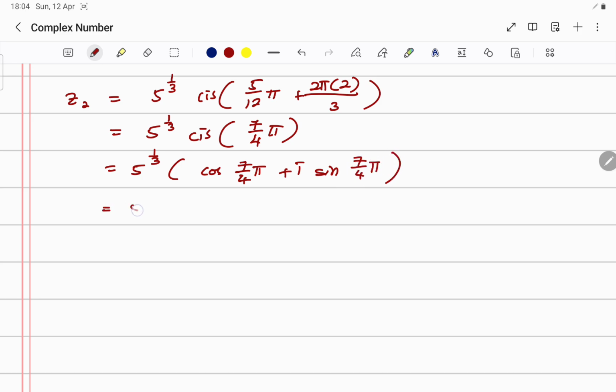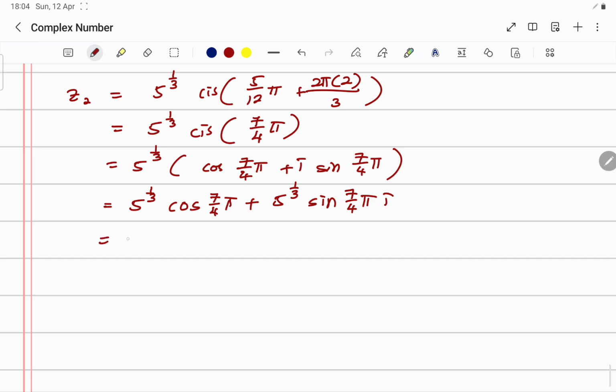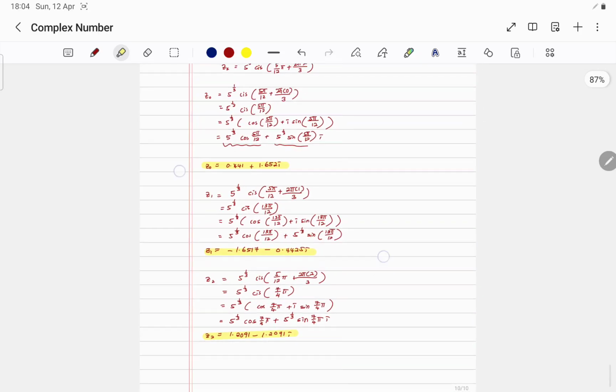And then you expand them, 5^(1/3) cos 7 over 4 pi plus 5^(1/3) sine 7 over 4 pi i. Then you solve this, you can get 1.2091 minus 1.2091i. So this is your z2. So by right, you have your 3 values right now.